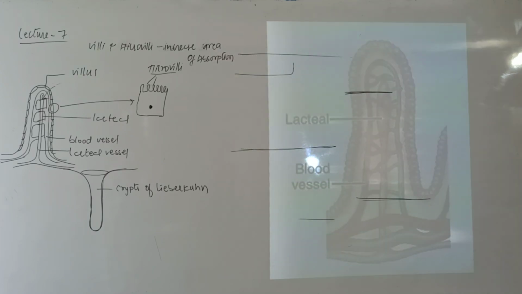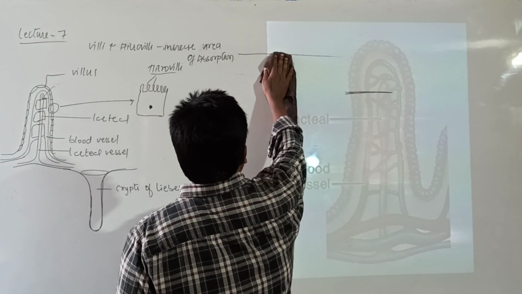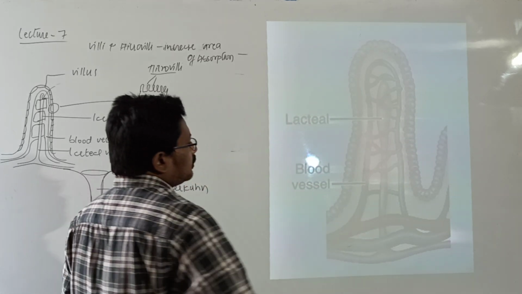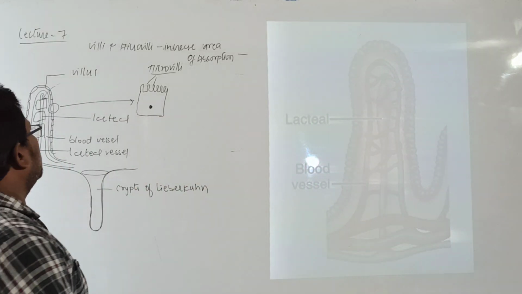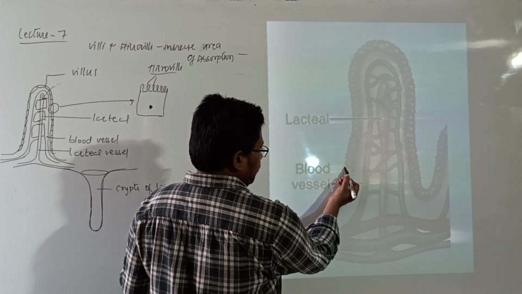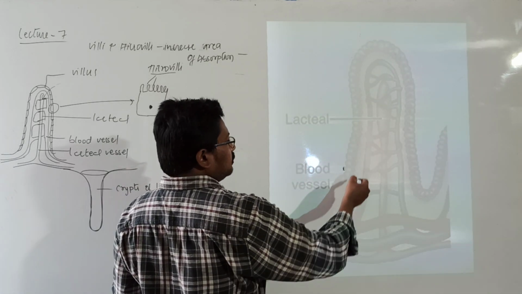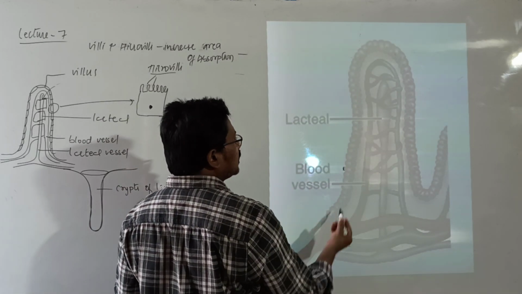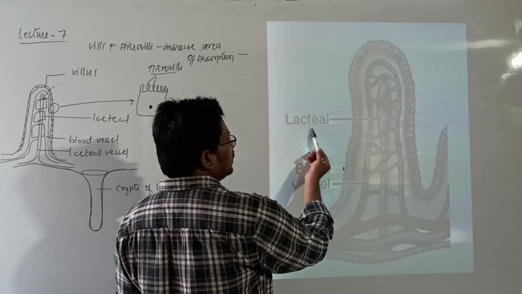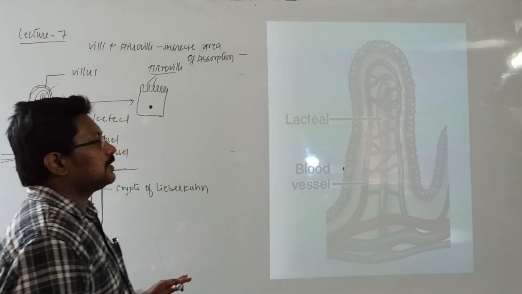You see here, this is how one villus looks. These cells also have small projections which we call microvilli. This whole one is one villus, and you can see at the center there is a lacteal vessel, and these are arteries and veins.